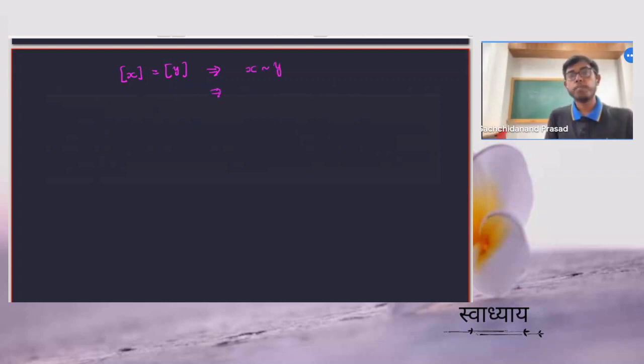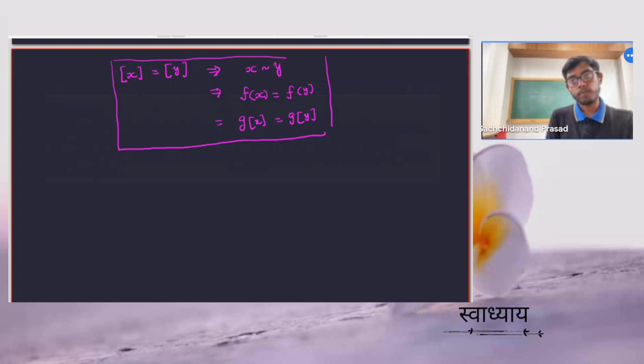But by the assumption, f preserves the equivalence relation. So this means f of x equals f of y. But this is g of the class of x, and this is equal to g of the class of y. So this proves that this function is well defined. By the choice, f of x equals g composed with pi of x, this is also satisfied.